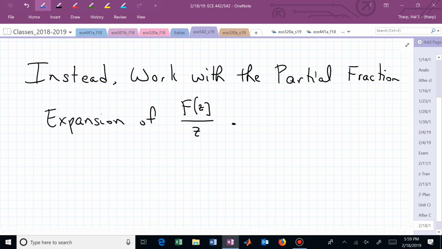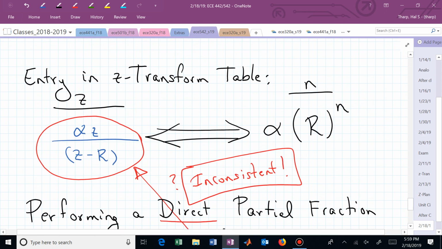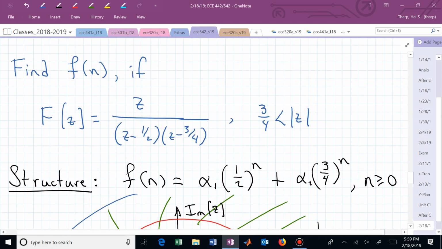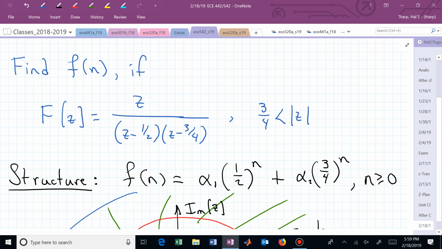In our particular case, it's going to be fairly convenient because we had a z sitting up there in the numerator. But really what we're going to do now is let's partial fraction expand f of z over z, and those z's cancel. That's what I want to do.